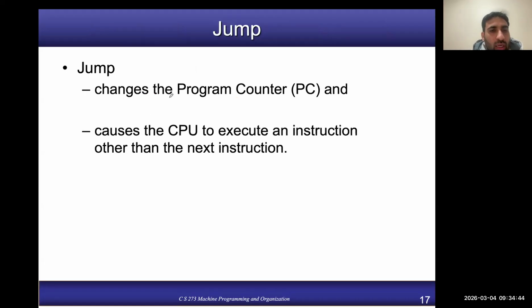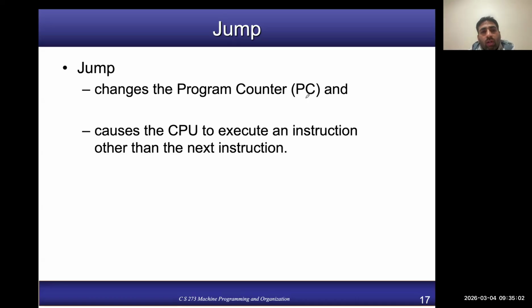Okay, so what does the jump instruction do? All of the instructions in the jump group change the program counter. Remember, what is the purpose of the program counter? It holds the address of the next instruction that is supposed to be executed, right?